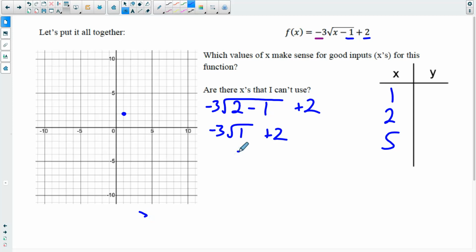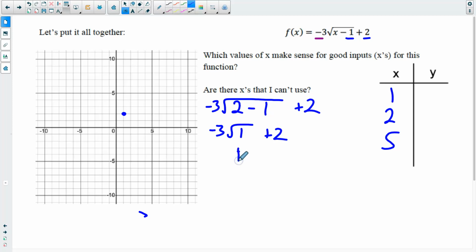Okay? Do I take the square root or do I multiply by 3? Multiply? PEMDAS. What comes first? You square root first. We square root it first, then we multiply. So it's PEMDAS. This is the point. Once we get past here, we're good.